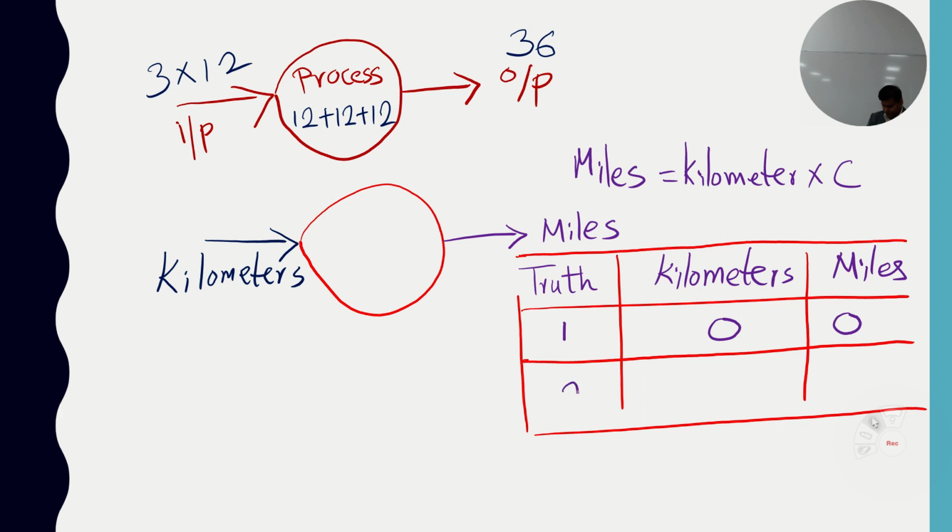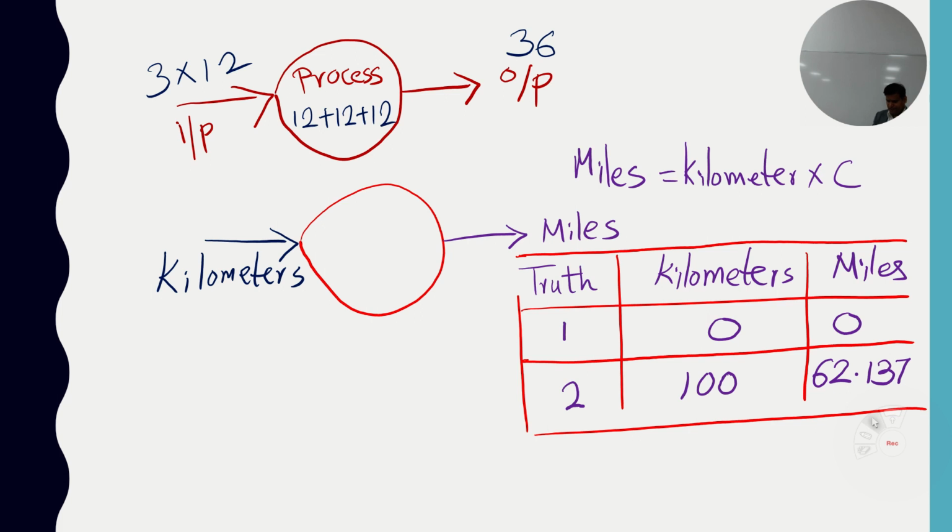The second true value you are sure about is that when you have 100 kilometers, you are going to have 62.137 miles. So this is what we have here.